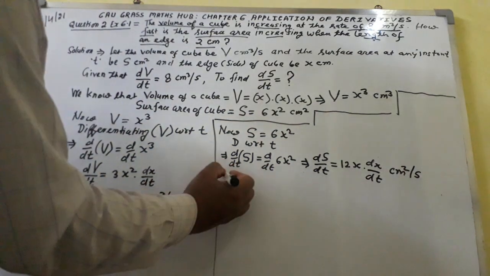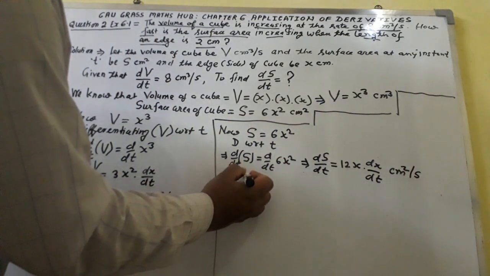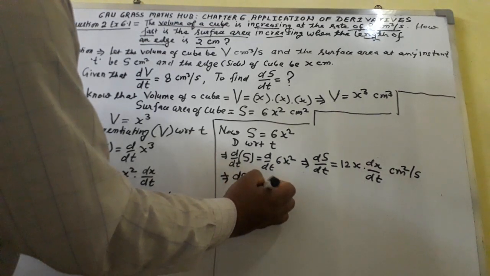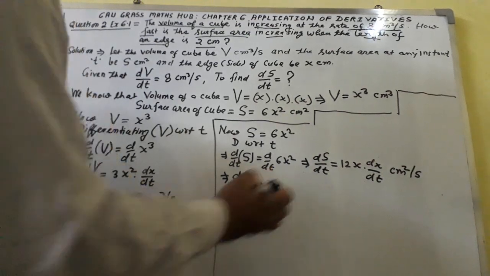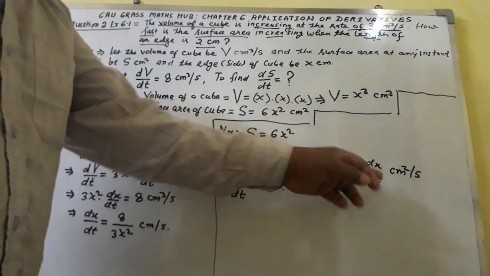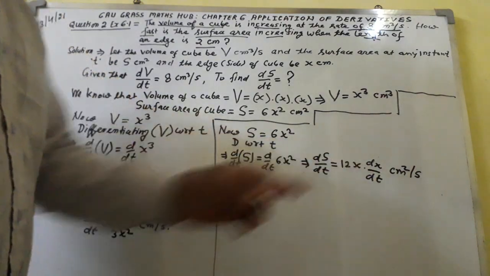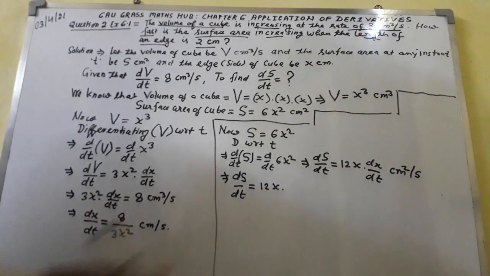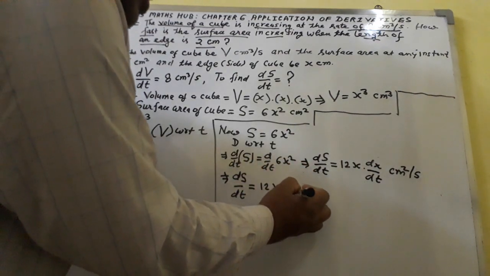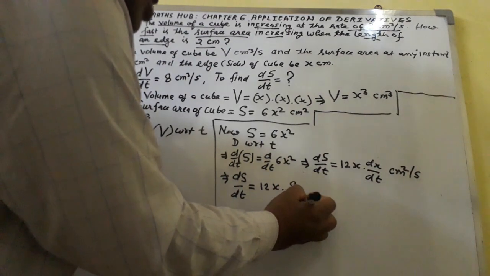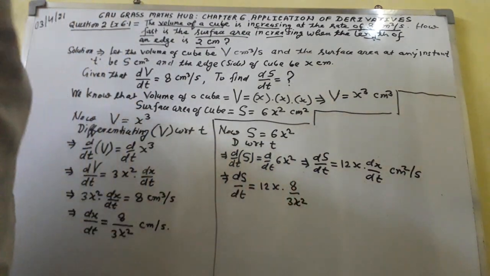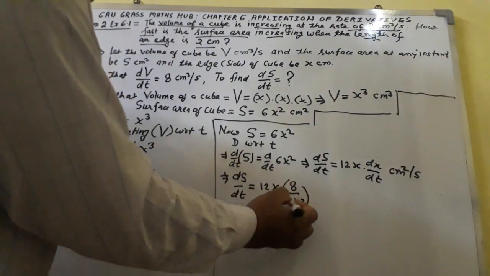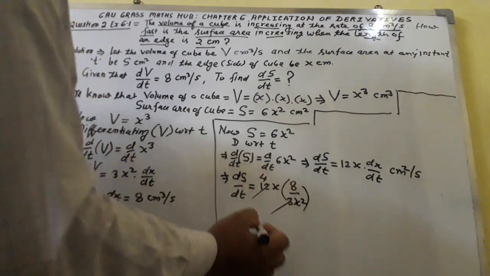So here you write the unit centimeter square per second, because the unit of surface area is centimeter square and t is there in the denominator, the second. So we have got, implies that dS over dt is equal to 12x dot, in place of dx over dt I shall write 8 over 3x square. These three will be cancelled out. Here we will get 4.